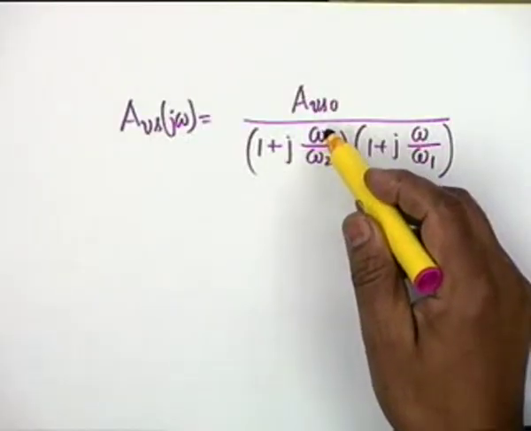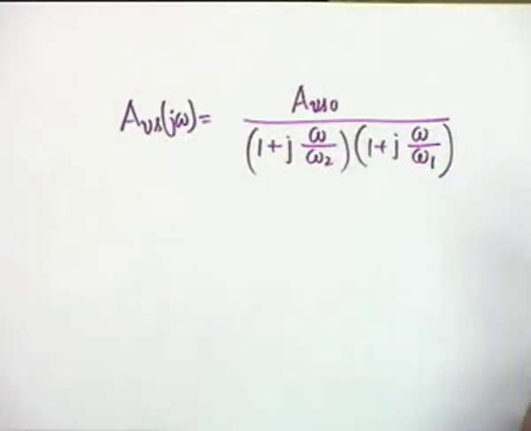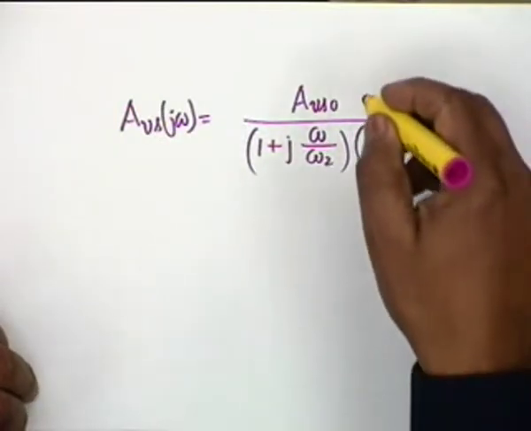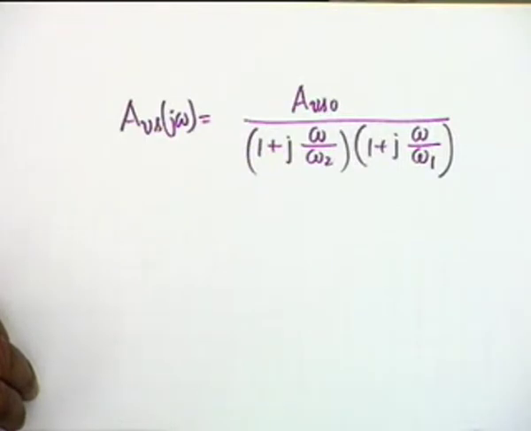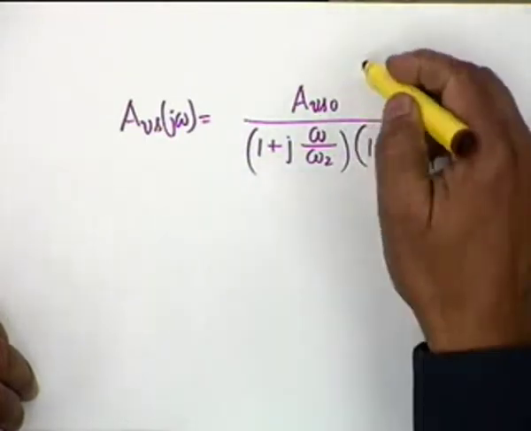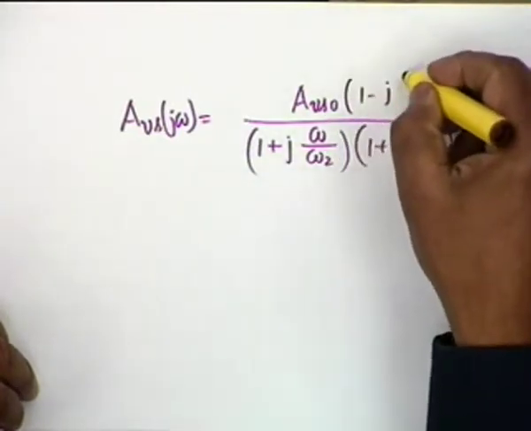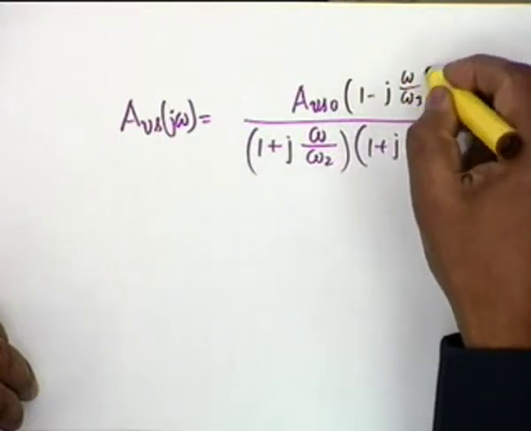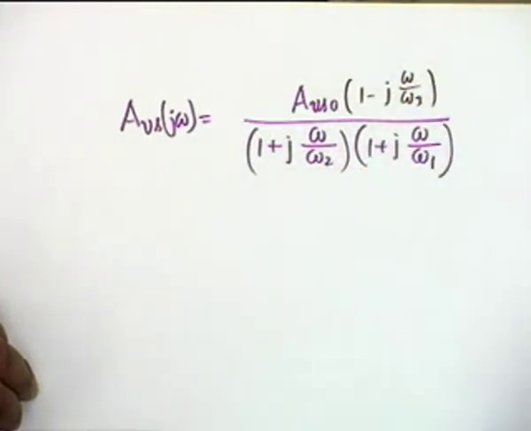Do you also recall poles and zeros? Okay, naturally this function has 2 poles, at s equal to j omega replaced by s, so s equal to minus omega 2 and s equal to minus omega 1, and if I had included the other term, the term that I had ignored, 1 minus j omega by omega 3, there was a term like this.